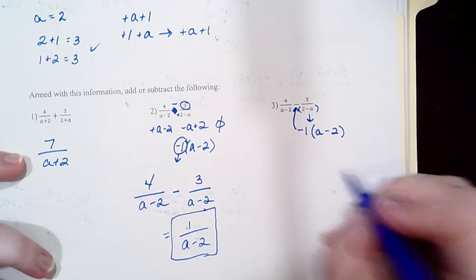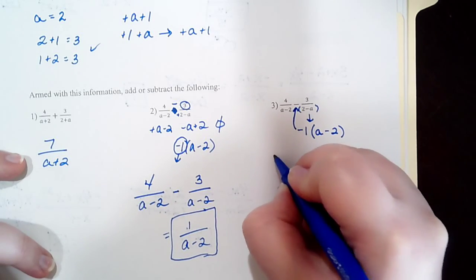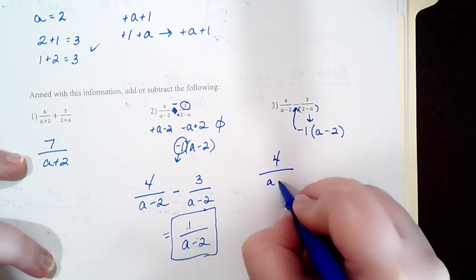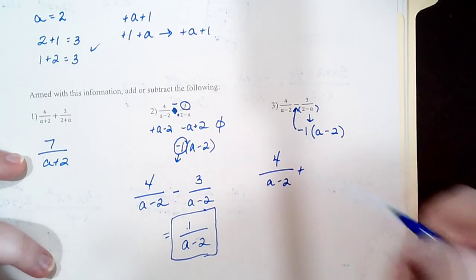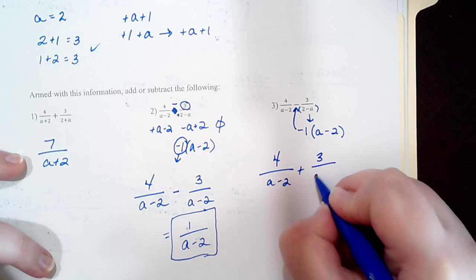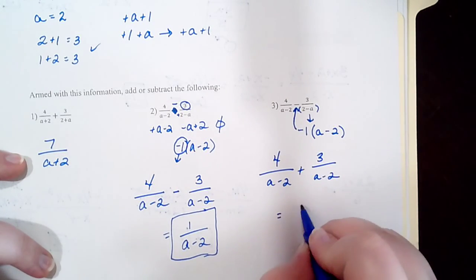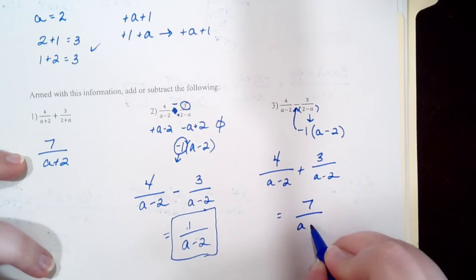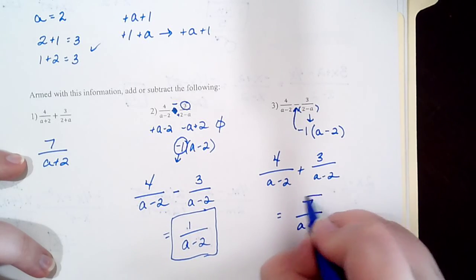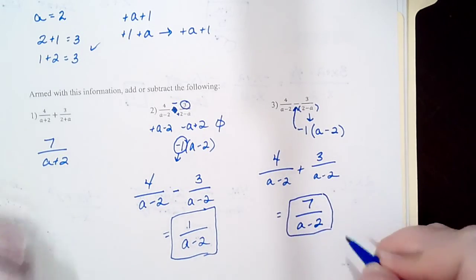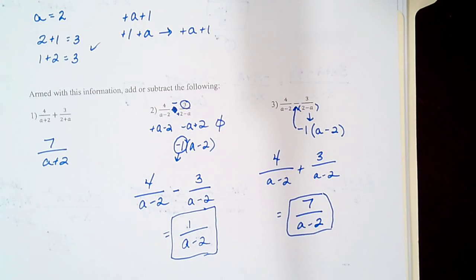If it's a positive, it becomes negative. And the whole problem becomes 4 over a minus 2 plus 3 over a minus 2. 4 plus 3 is 7, and this problem is 7 divided by a minus 2. There is your quick and easy algebraic move. It simplifies that whole problem a lot.